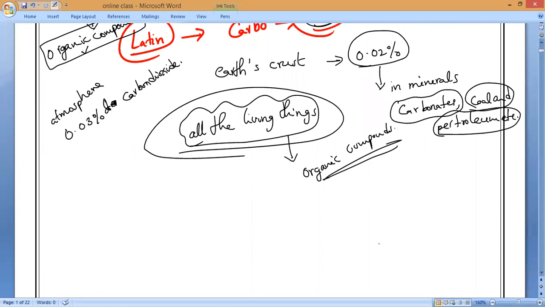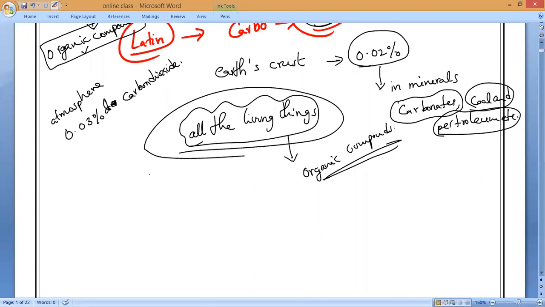Cotton, silk, wool, nylon, polyester, natural fibers and synthetic fibers, everything is made up of carbon only.